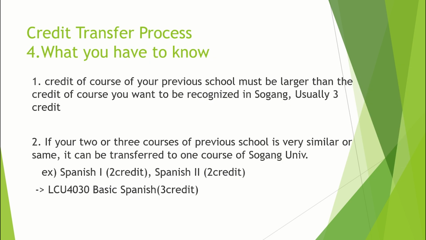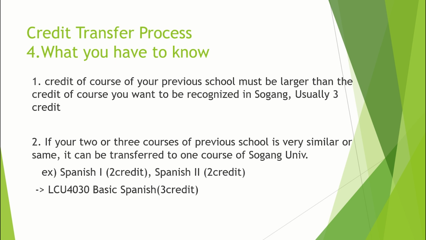Here is what you have to know before writing the document. Number 1, many people select wrong courses. It's quite easy to understand that 2 credit courses can never be the same as 3 credit courses in our course book.